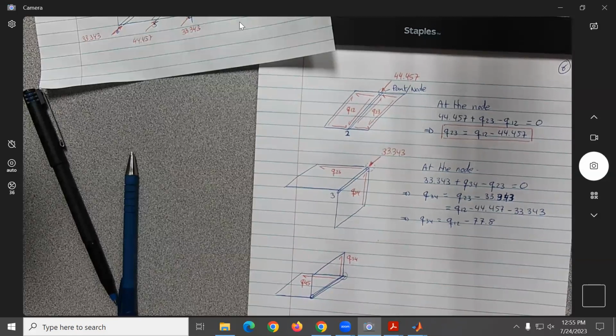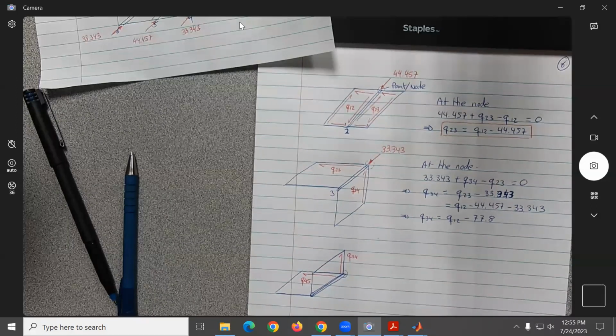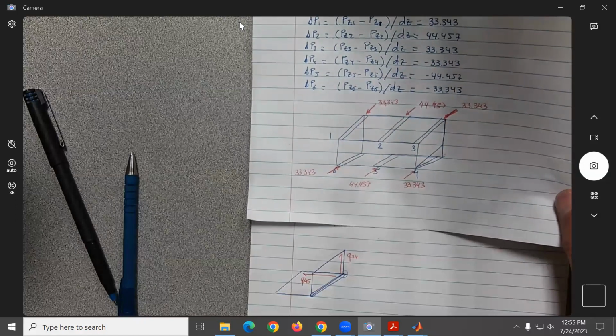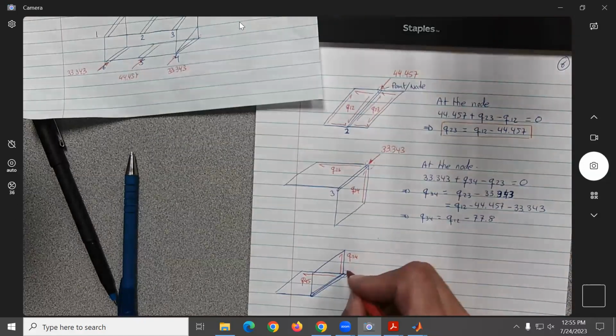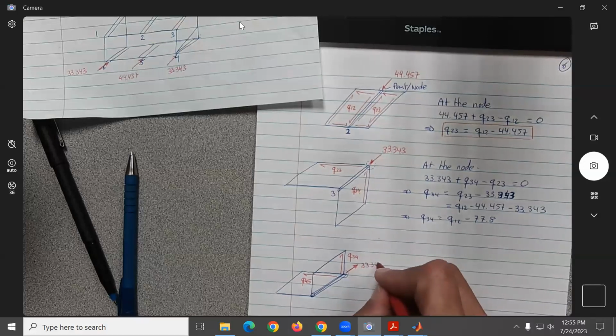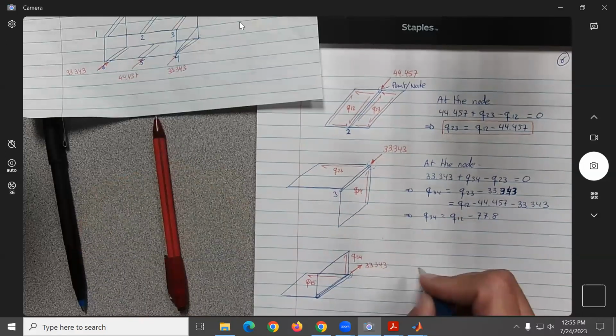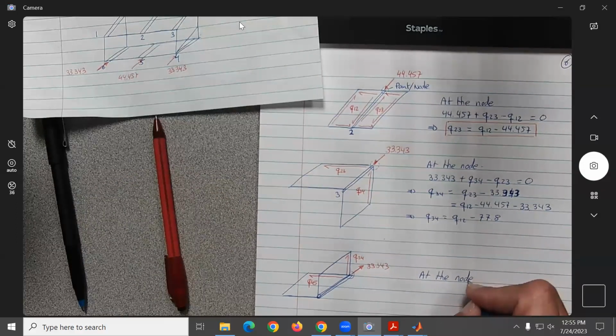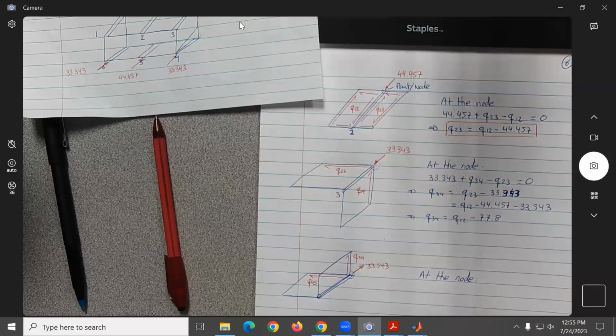But now what are we going to have? What should be the force? Now the force should be going out. No, here should be the 33.343. So again, at the node, what are we going to have?